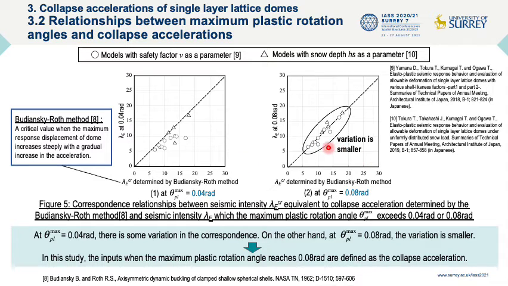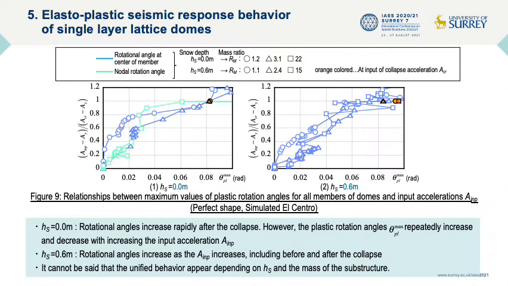On the other hand, at 0.08 radian, the variation is smaller. Therefore, in this study, the input when the maximum plastic rotation angle reaches 0.08 radian is defined as the collapse acceleration.